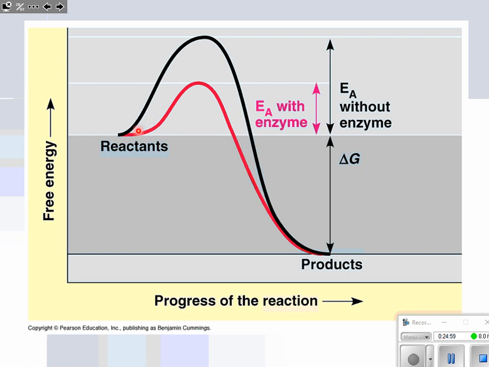We start at the same place, we finish at the same place, but what's different is look at the size of the hump. It's a lot lower. The amount of energy required to start the chemical reaction is much, much, much less. So what enzymes do, the beauty of an enzyme is it lowers, it decreases the energy of activation. That means it reduces the amount of energy required to start the chemical reaction.